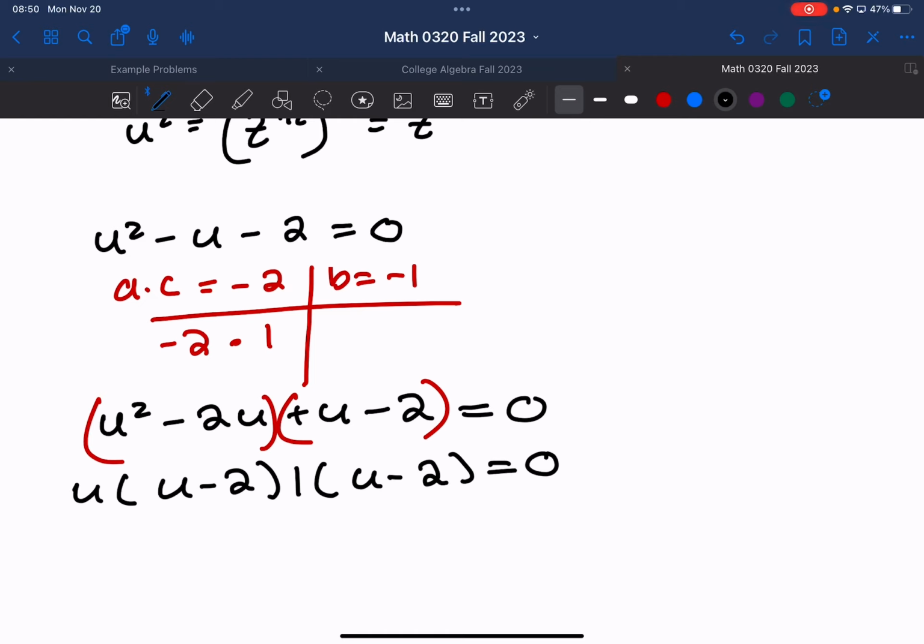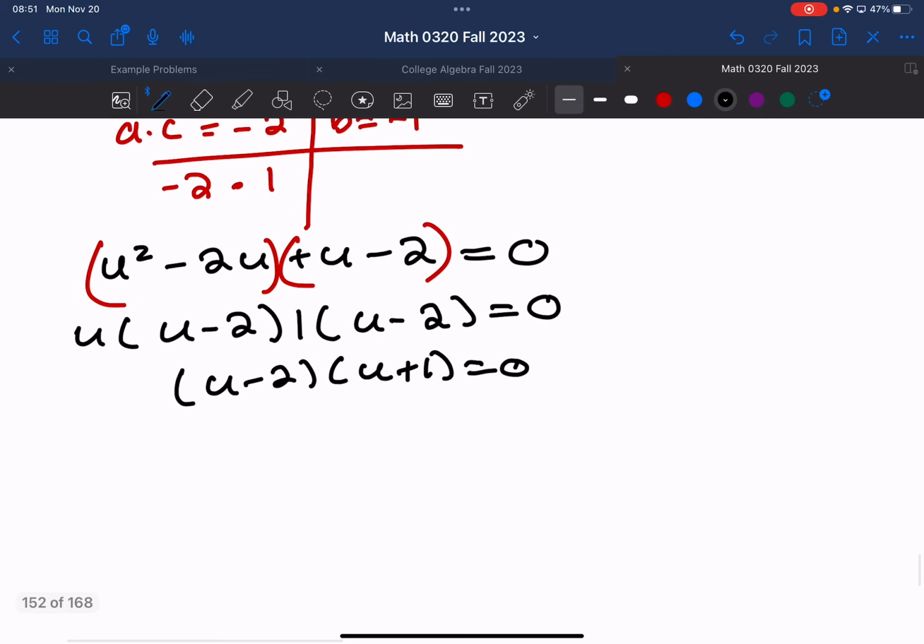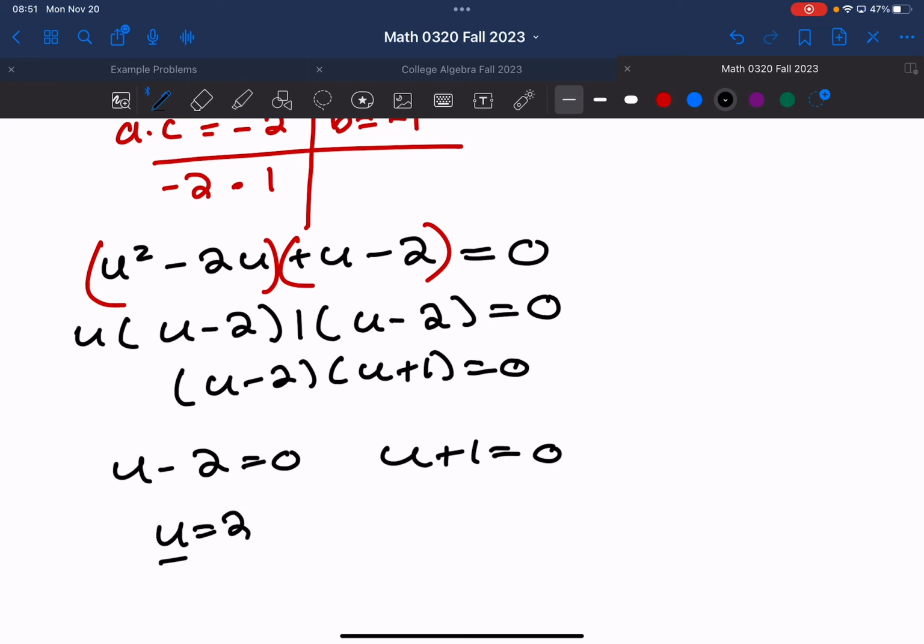You can divide everything by 1 and it stays the same. So we're left with u minus 2 and u plus 1 is equal to 0. Meaning you should have u minus 2 equals 0 and u plus 1 equals 0, giving us the values of u equals 2 and u equals -1.